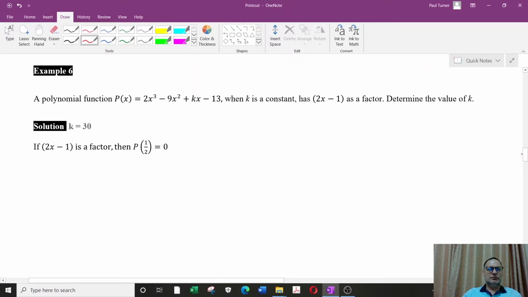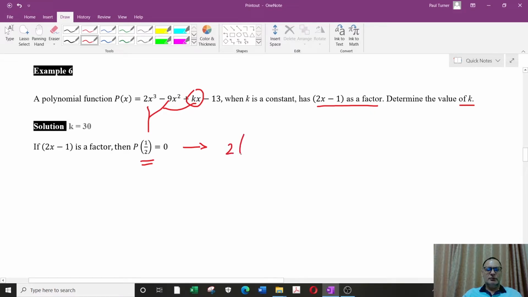Example 6. Okay, so this has a factor which is 2x minus 1, which means that P(half) equals 0. And we want to find the value of k from this question. This is k here. So we know that P(half) should equal 0. So we'll substitute the half into x here.